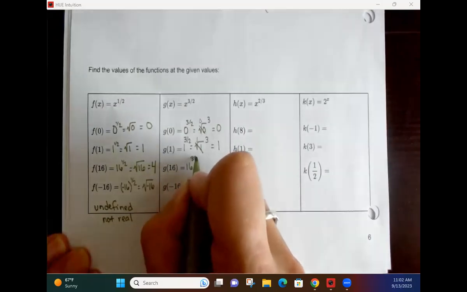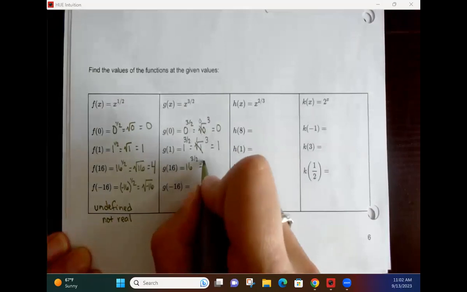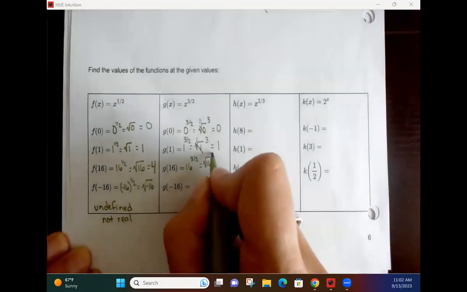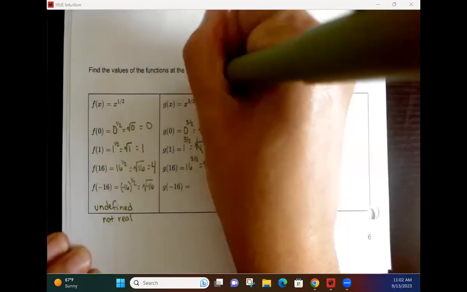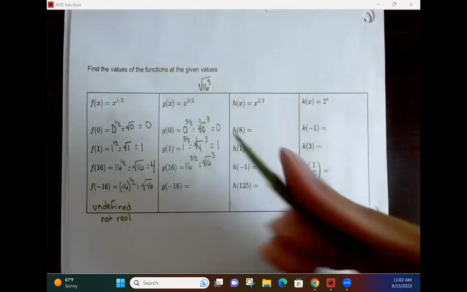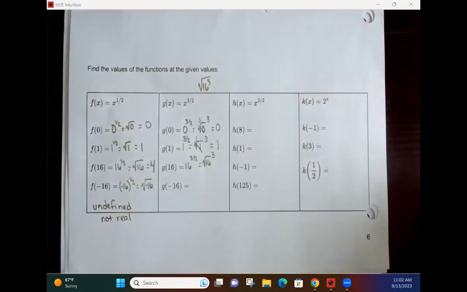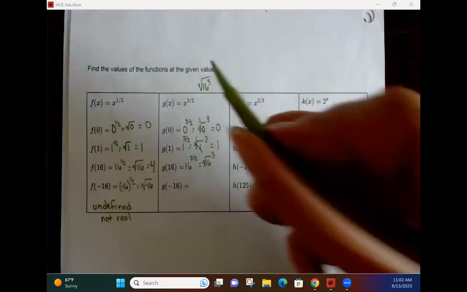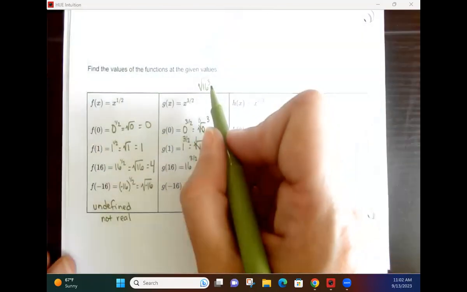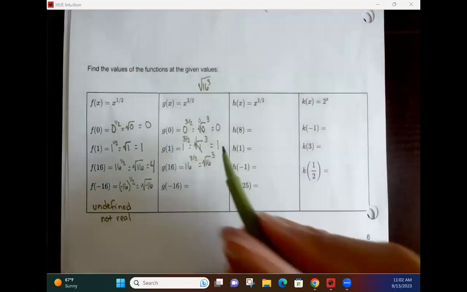16 to the 3/2 power. This is a great example of why I like to do the roots first. The square root of 16 cubed. Remember, this is the same as 16 cubed and then take the square root. But if I were to do 16 cubed first, is that a number that none of us know off the top of our heads? Probably not, okay? And so we have to take 16 cubed, and then I get some big number, and then I have to take the square root of that number that I'm not familiar with, okay?